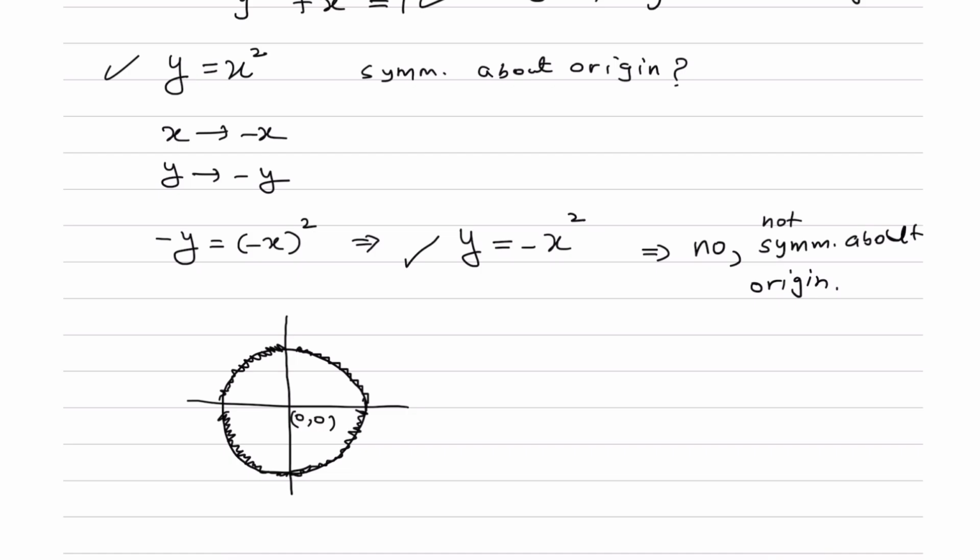So yes, this whole graph, which is a circle, and we have already mathematically checked that replacing x with minus x and y with minus y does not change this graph. So this graph is symmetric about origin. In the next video, we are going to talk about even function and odd function.